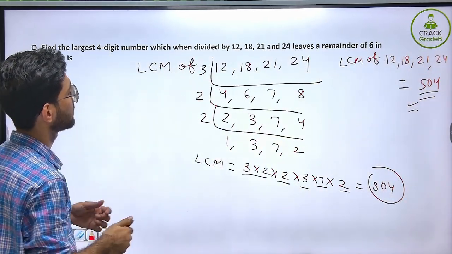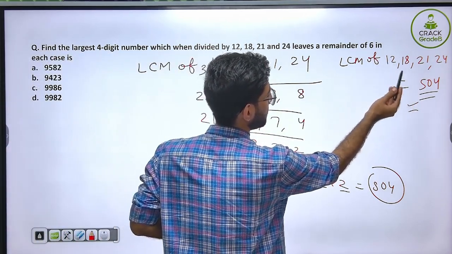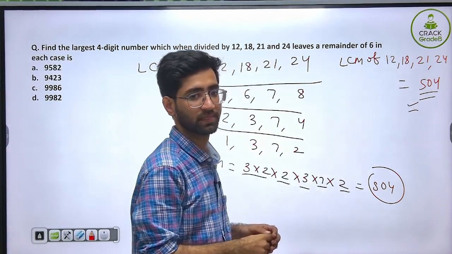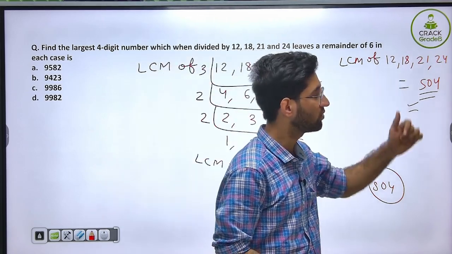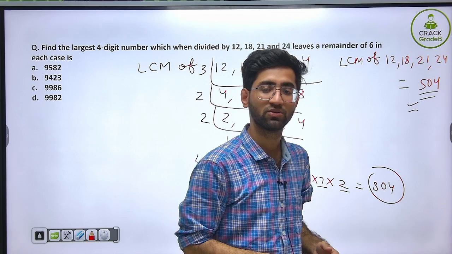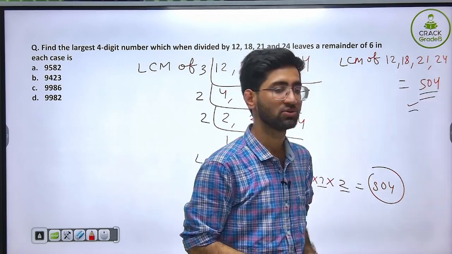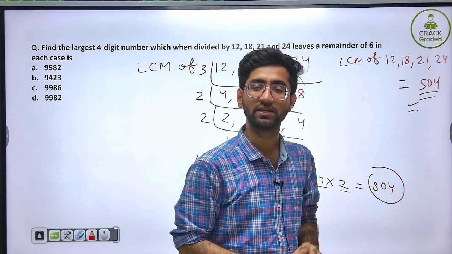Now, if you divide 504 by 12, you will get remainder 0. If you divide 504 by 18, you will get remainder 0. If you divide 504 by 21, you will get remainder 0. If you divide 504 by 24, you will get remainder 0. Why?